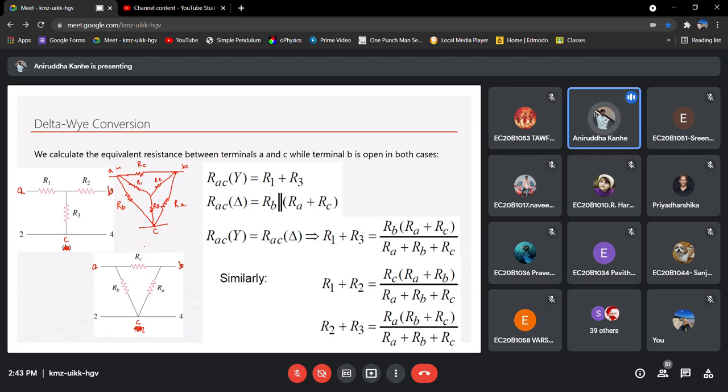So we can see that between A and C, in delta, it is RB connected. Look at here, this is RB, that's also RB. Now if you want to find the equivalent resistance, that means how we can have the equivalent of this circuit. So this two-port combination, I want to replace it by this one, or this combination I would like to replace by the other one. So that is the equivalency we are looking for.